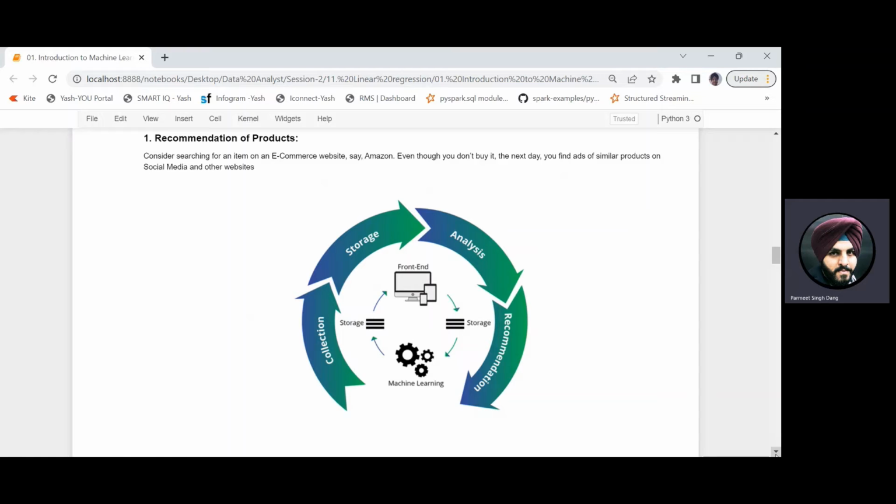Behind the scenes, the algorithm that works is a recommendation engine. What it does is find the similarities between products which are tightly coupled and recommends them to you. Another example is Netflix. How does Netflix know that you are interested in watching thriller movies, or how is it able to identify groups of movies?